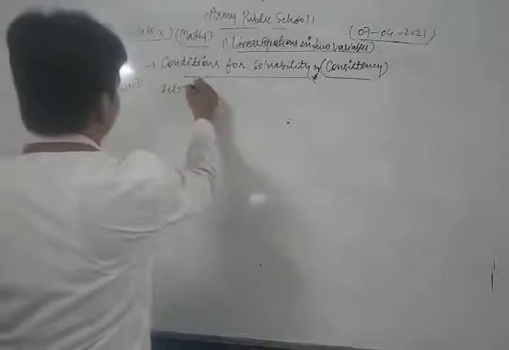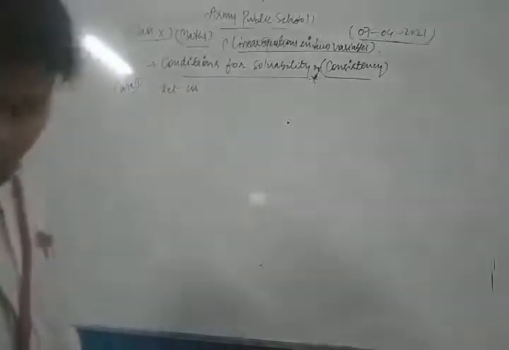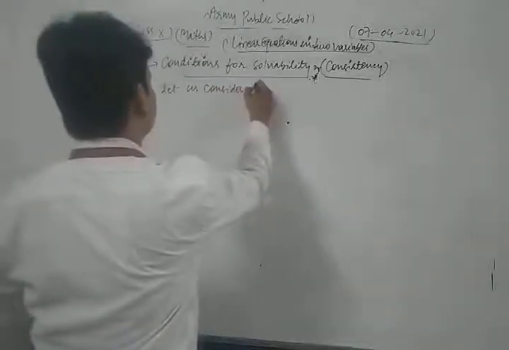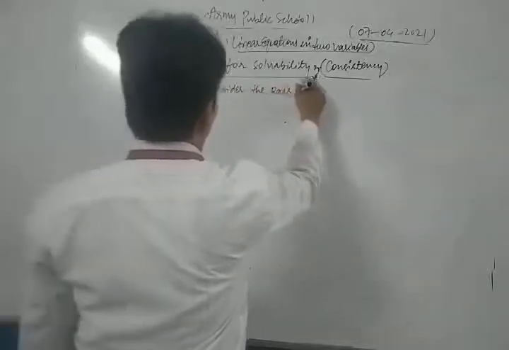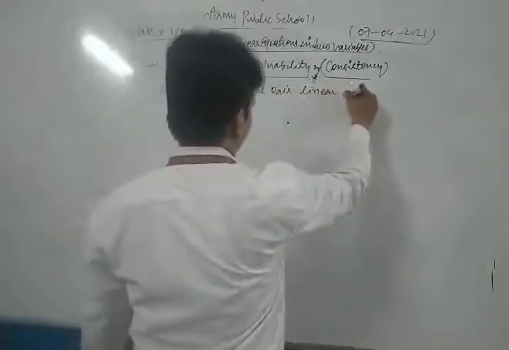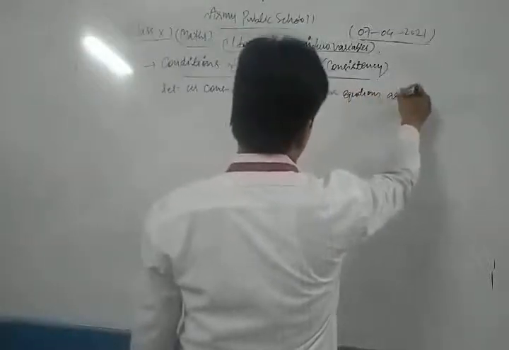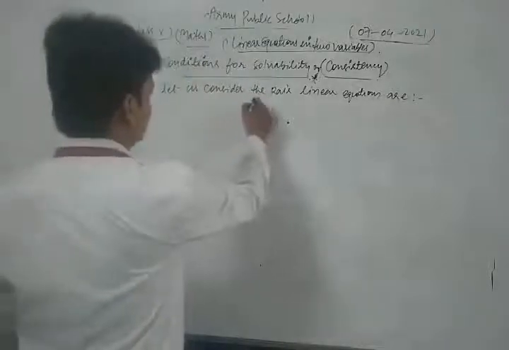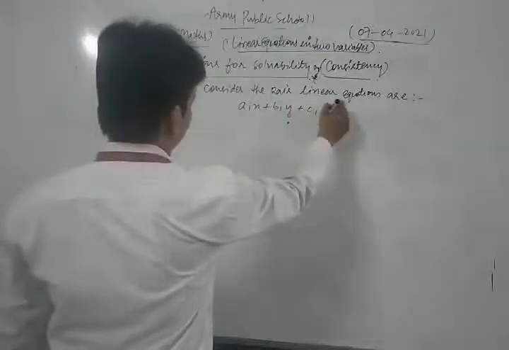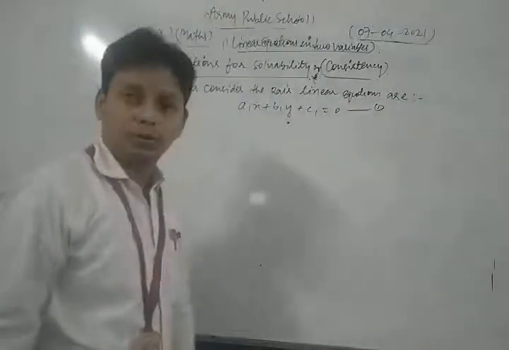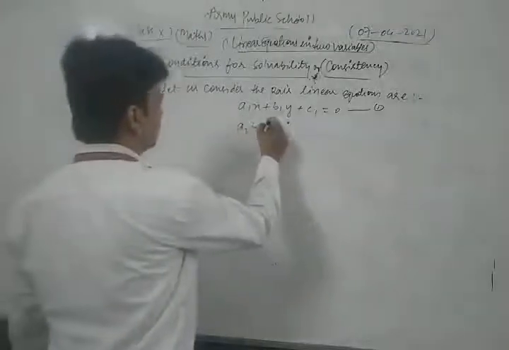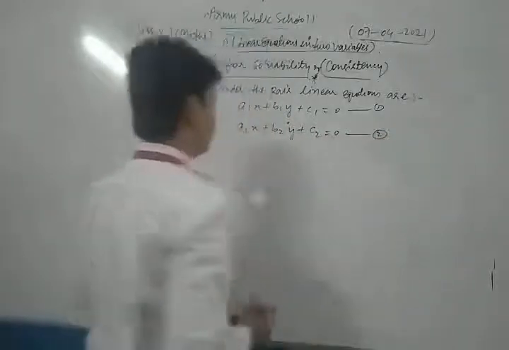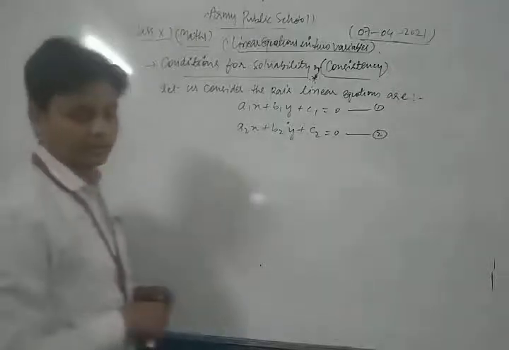Let us consider the pair of linear equations: a1x plus b1y plus c1 is equal to 0, we take it as equation 1, and the second one is a2x plus b2y plus c2 is equal to 0, equation number 2.